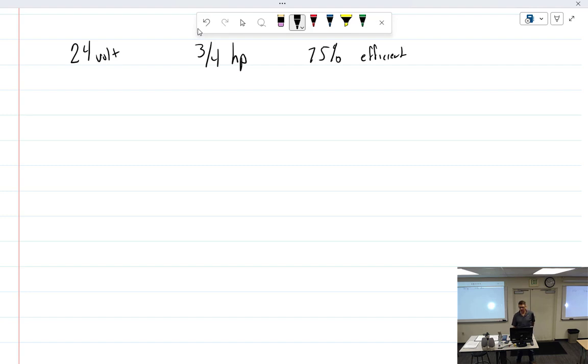What is the current draw? And what's the thing you're always given that you'll eventually remember? 1 horsepower equals 746 watts. So step number 1 is what? We've got to convert our horsepower into watts.